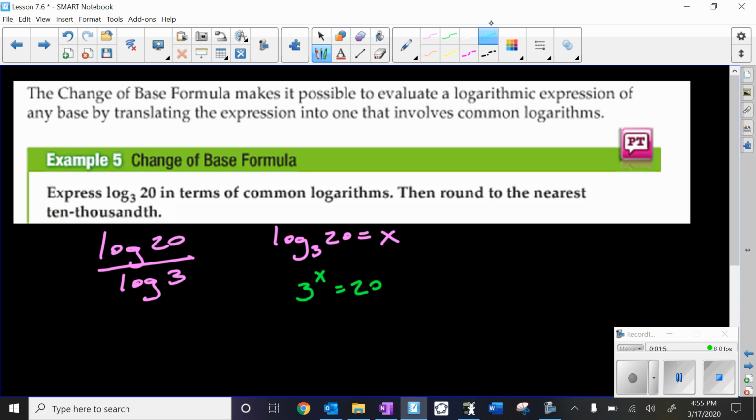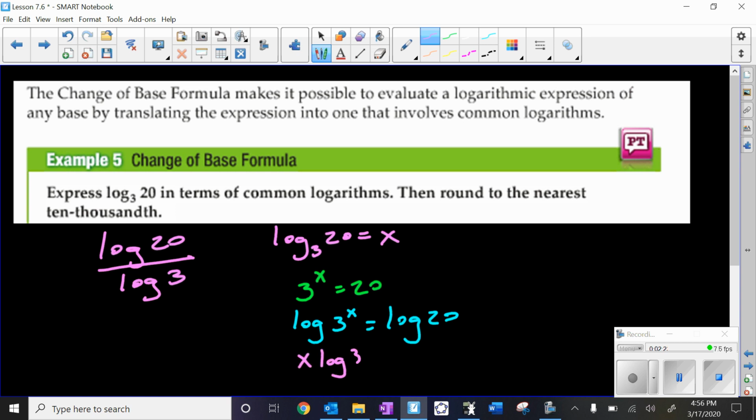And then we may say, well, can I get 20 in terms of a base of 3? The answer is no, but we do know that logarithms solve for exponents, so let's use a log on each side. Whatever I do to one side, I have to do to the other. Now I'm expressed in common logs. Log of 3 to the x equals log of 20. And my property allows me to take my exponent and put it in front.